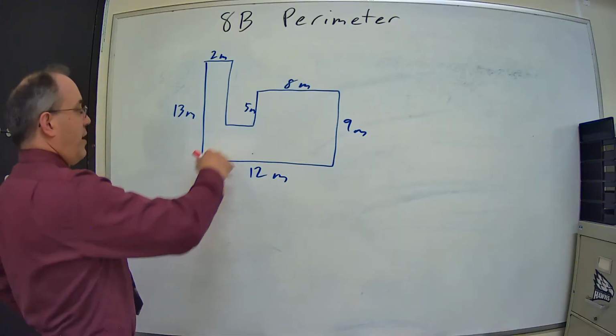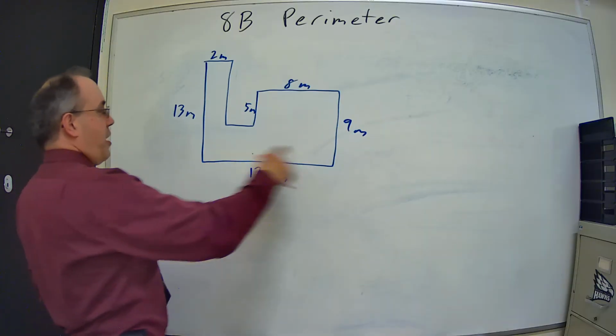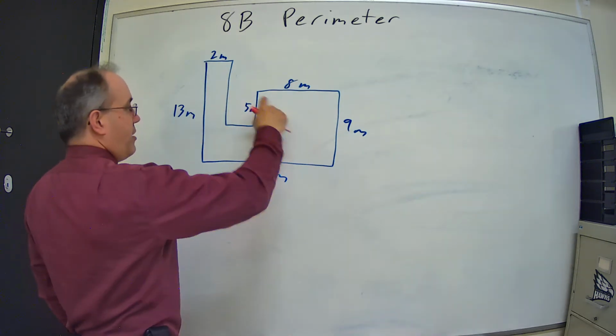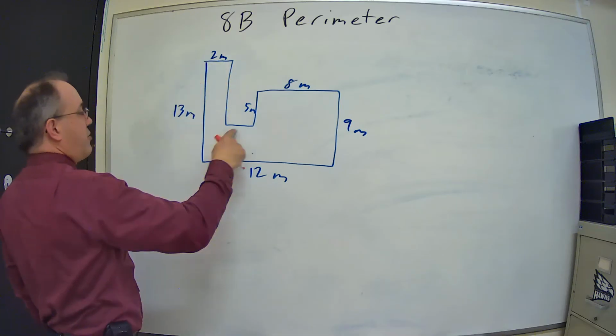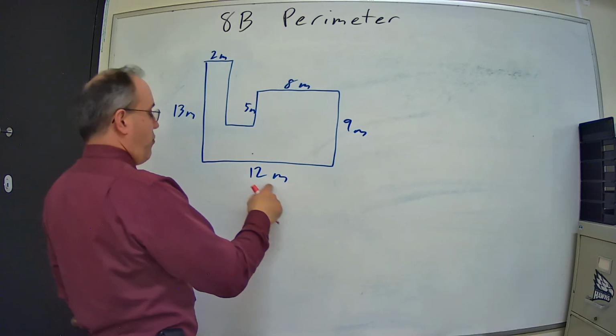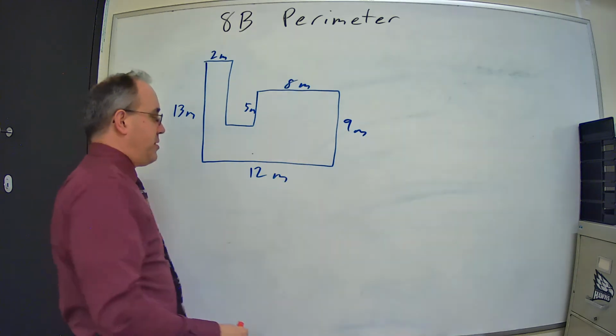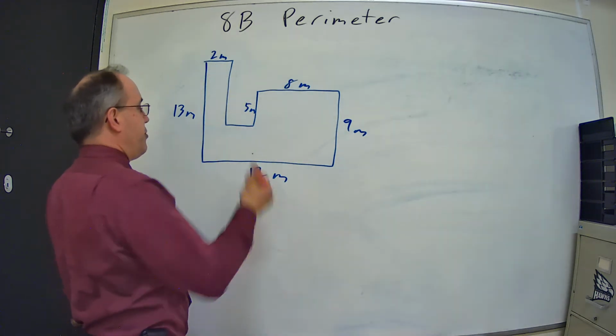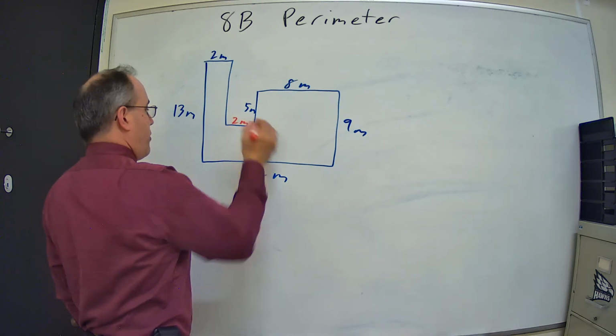This other way is not too bad, because I do have the full length. I know this length, and I know that length, so this has just got to be what's missing. So let's start there. 12 minus 8 is 4. 4 minus 2 is 2, so this one's 2 meters.